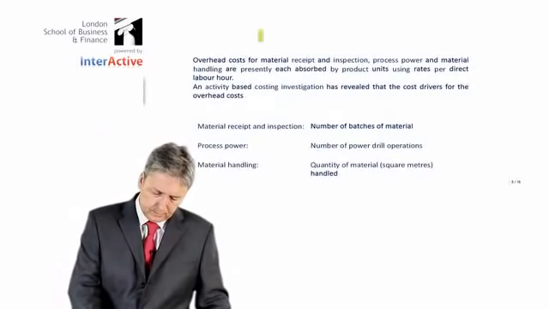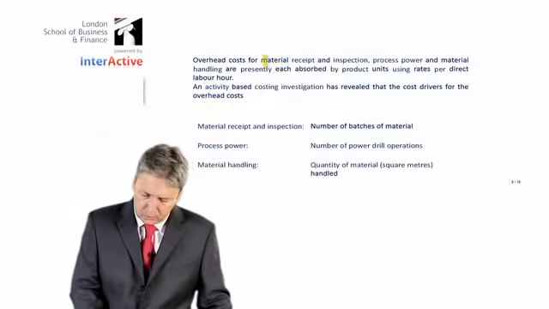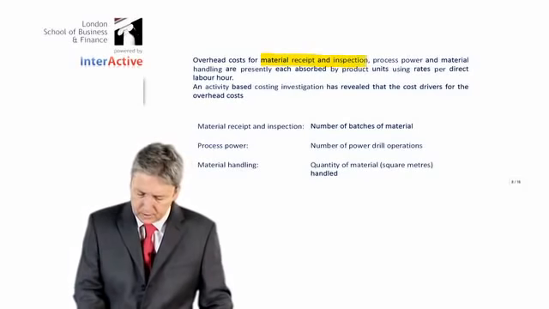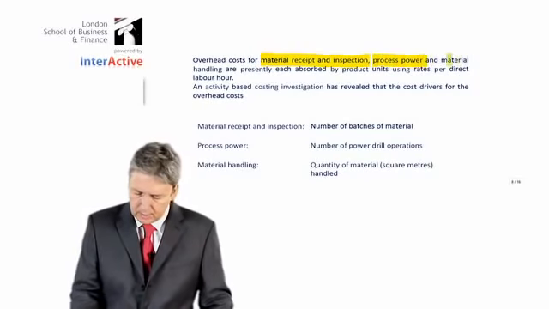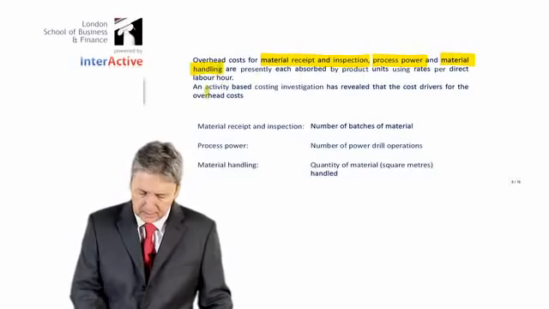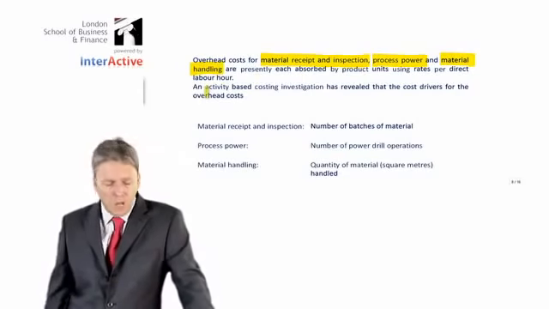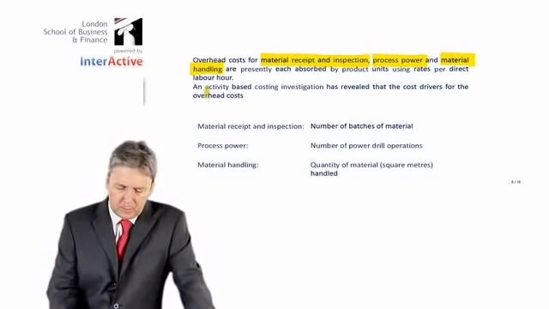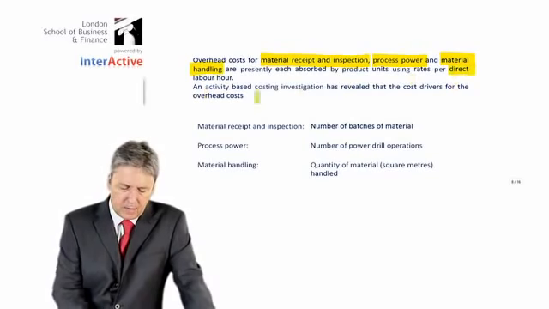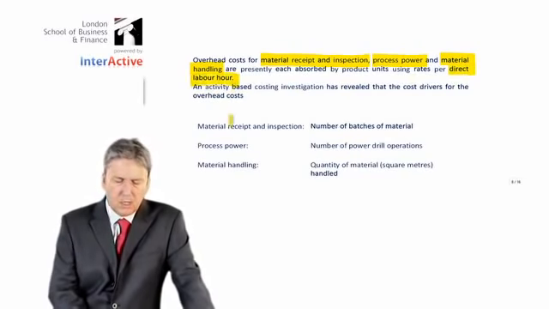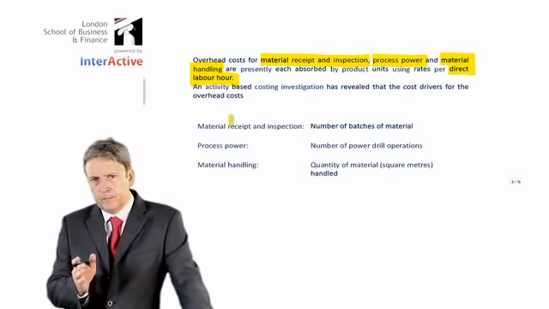What are we told? Overhead costs for material receipt and inspection, process power, and material handling are presently each absorbed by product units using rates per direct labour hour. What are we being told there?